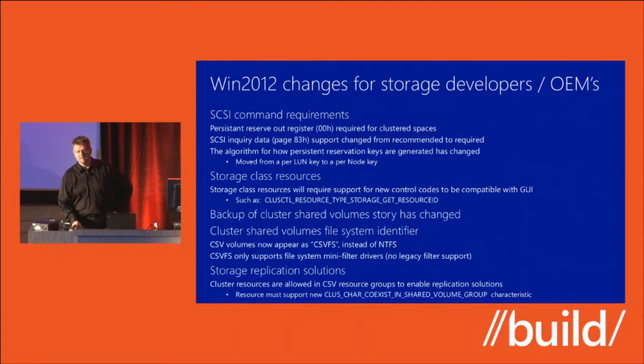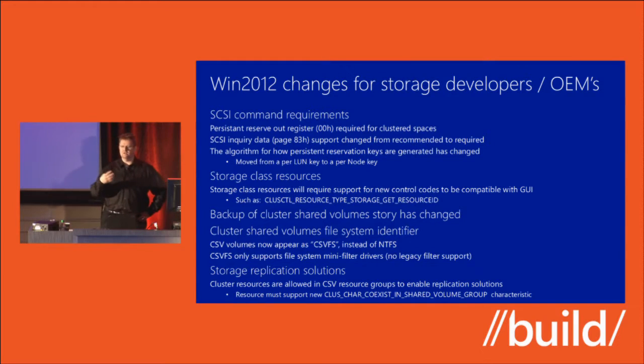Our backup story has changed significantly. If you are a backup vendor, I could do an entire hour presentation on how to integrate with CSV and what the backup story is. There are significant changes, so come talk to me later. I can send you cards and decks and all kinds of stuff. The file system identifier, we talked about that with CSV being different.